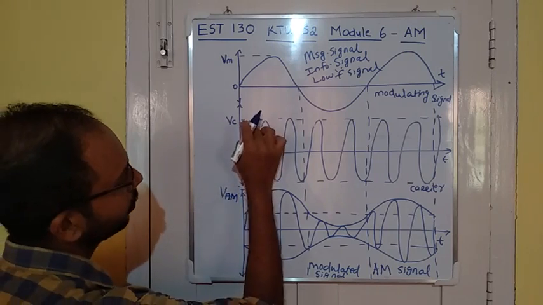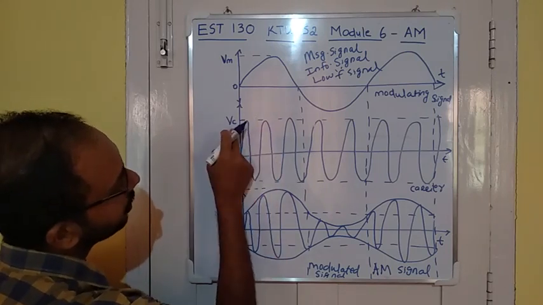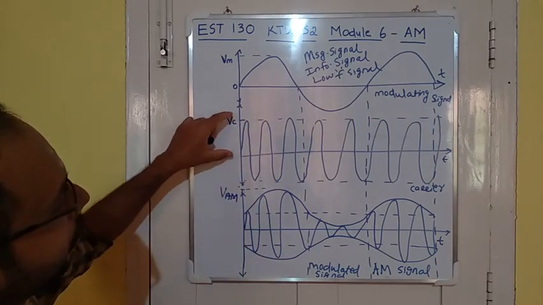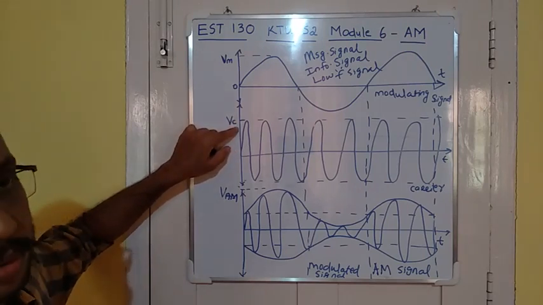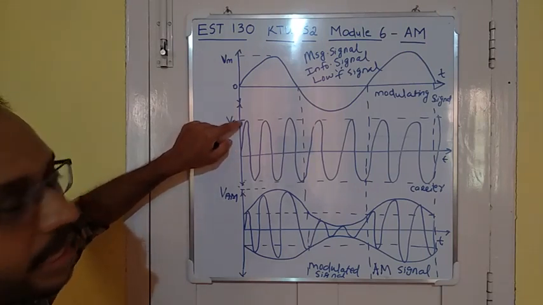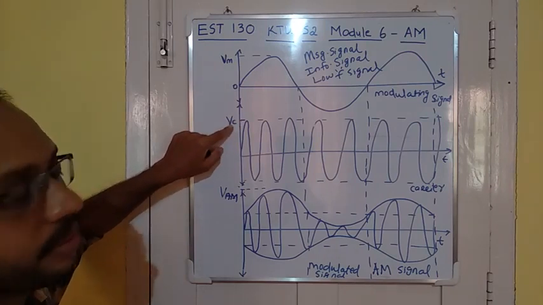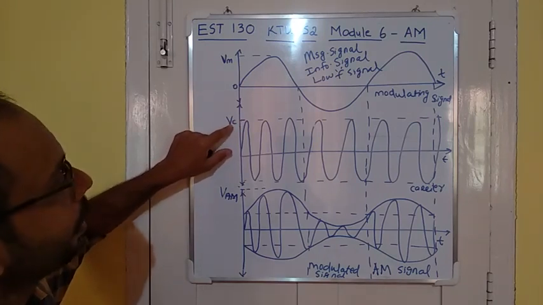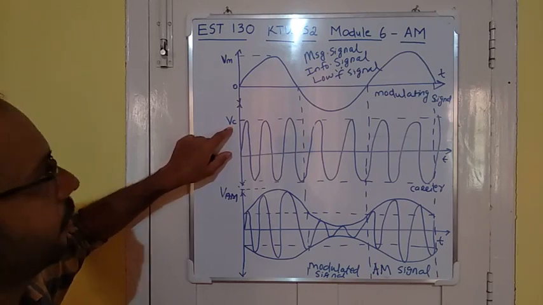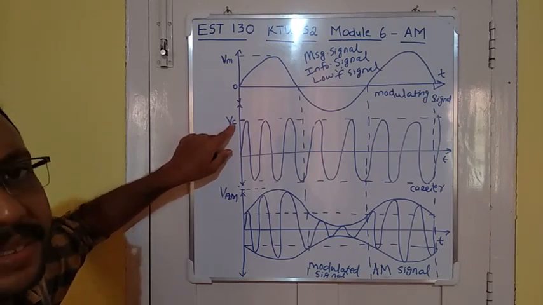See, this Vc represents the maximum amplitude. This point represents the amplitude of the carrier wave. Vc represents the carrier voltage, or the carrier signal.